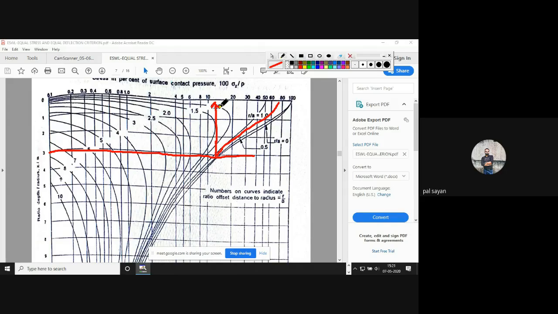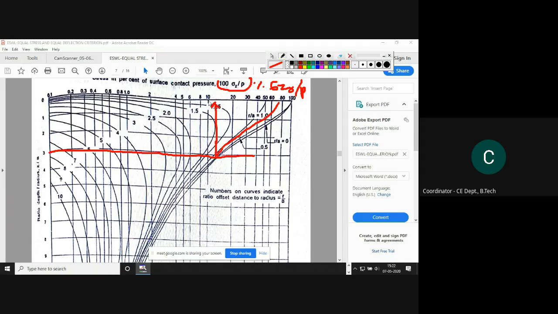Why is it 15 percent? Because see here, it is given that if they provide it like 100 into sigma z by q or sigma z by p, that means it is in percentage. These values are in percentage. In some diagrams they will show you only sigma z by p or q.